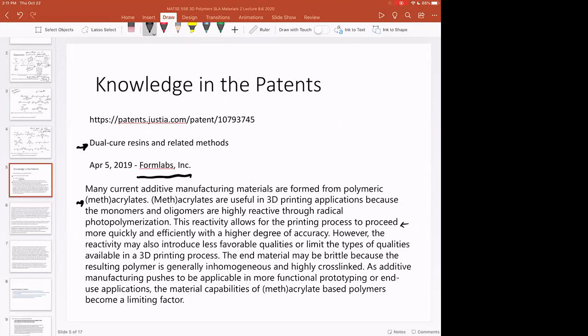But because of the fast cross-linking and because of the number of cross-links that you need to form this liquid to solid transition, you often get brittle parts because of this reaction. And so when you make your monomer mixture and you get the working curve just right, they can be brittle. And so that's a real barrier to engineering materials. So they talk about that right in the introduction of their patent.